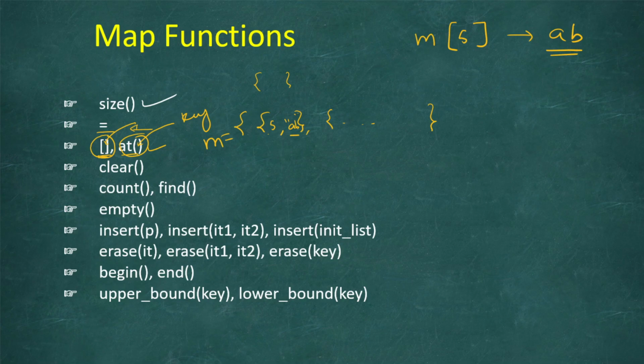And at also does the same thing. The only thing is that it will do bound checking and this one will not do bound checking. So if some key is not present, at will throw an exception. And the square bracket can also be used to assign a value. So we can write M[5] equal to CD. So it serves multiple purposes. Try using this.